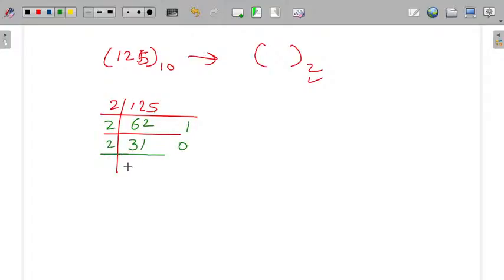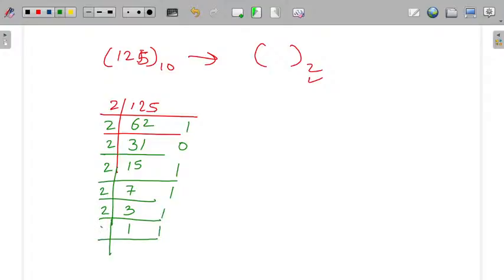Again, 2 1s are 2, 2 5s are 10, remainder 1. Now 2 7s are 14, remainder 1, 2 3s are 6, remainder 1, 2 1s are 2, remainder 1, 2 zeros are 0, remainder 1. Now when 0 comes, stop.